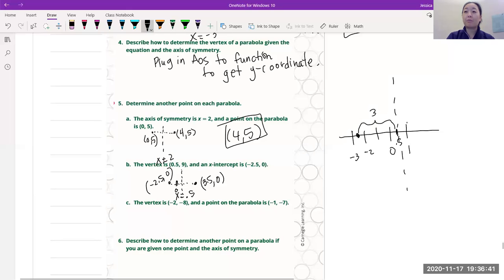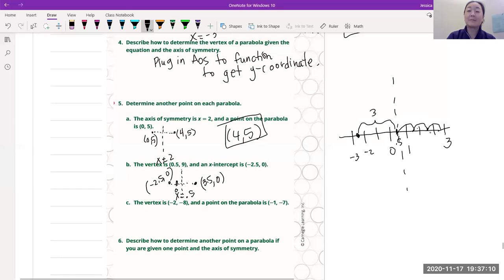So we're going to go 3 units away here: 1, 2, 3. Remember, we started at a half, so to go 1 unit, that's going to be right here at 1.5, then 2.5, 3.5.